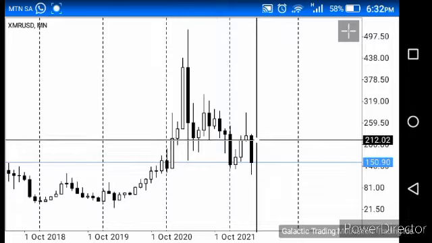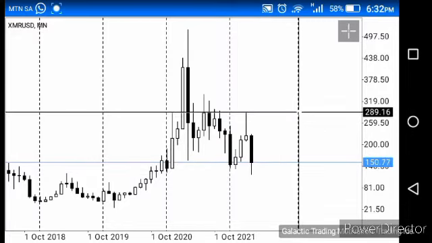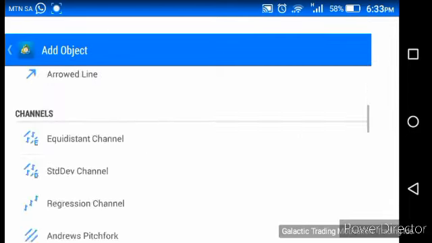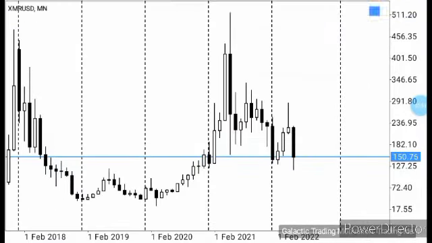Another very important thing I see here is that at this level we also have a very strong area of resistance. So I'm going to plot a line so that we don't forget about this resistance structure over here, right?